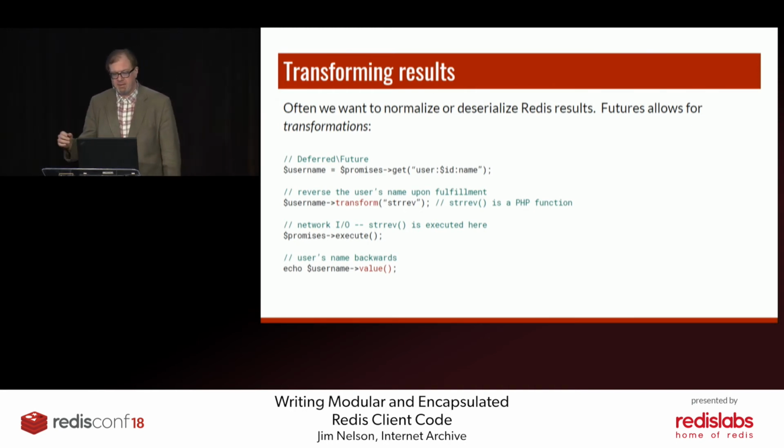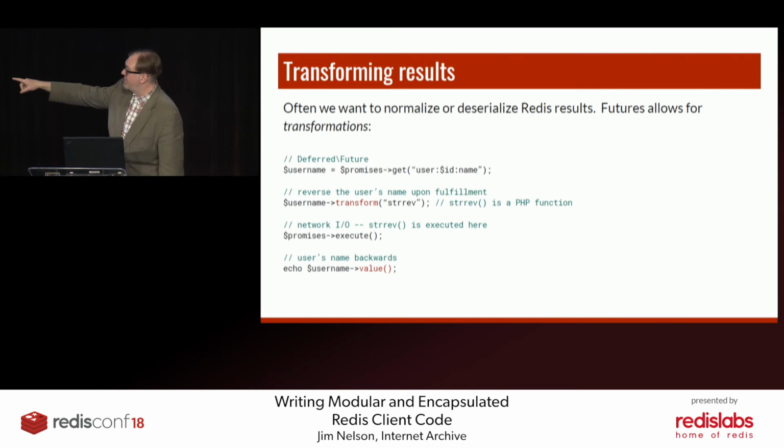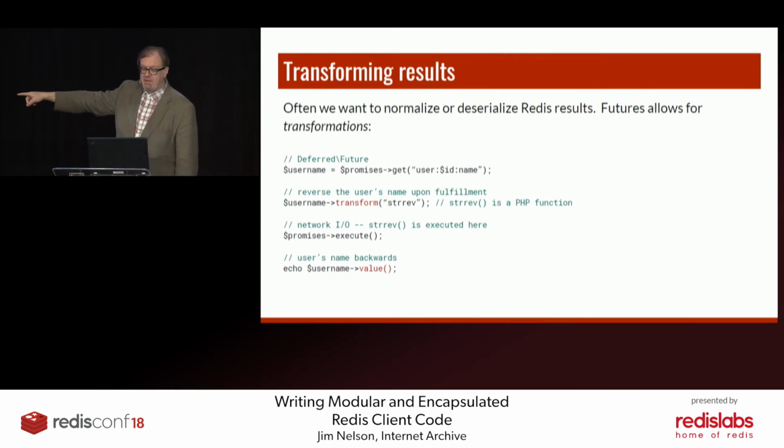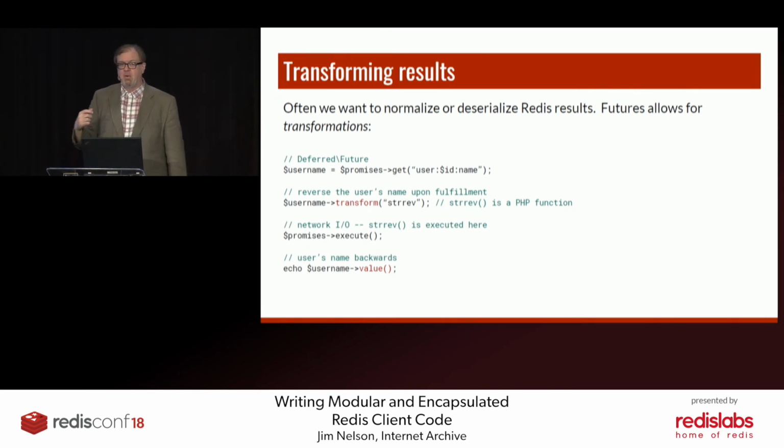So here, we're using the promises object to get the username, and that returns a username future. The next line schedules or registers a transformation. That's how you do this in PHP. You pass the name of the function. It's strrev, which just reverses the string. So I've now registered this transformation with that particular future.